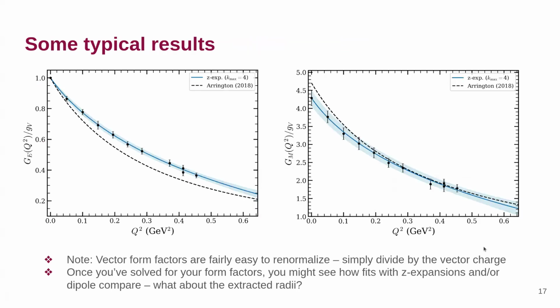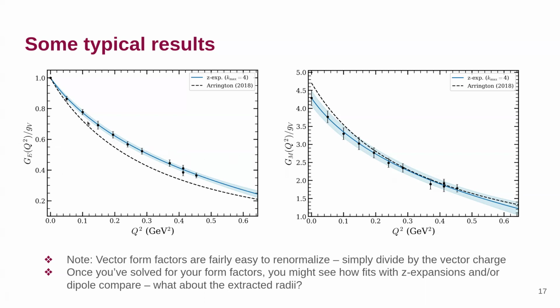And so putting that all together, we could look at some example results of what you'll hopefully produce something similar to in this class. So here firstly, the data points show our results at each different value of q squared written in physical units, for the form factors GE and GM, just noting that those have been divided by the vector charge to renormalize them.